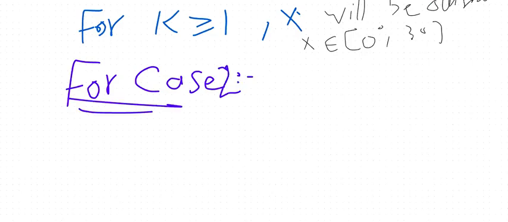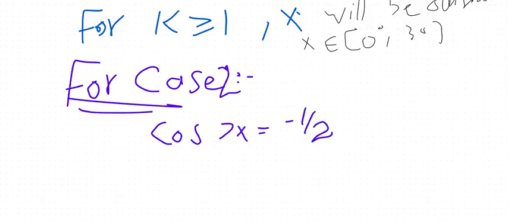Cos 7x equals minus 1 by 2. The reference angle alpha, for cos equal to 1 by 2, is 60 degrees. Since cos 7x is negative, 7x is in the second and third quadrants.